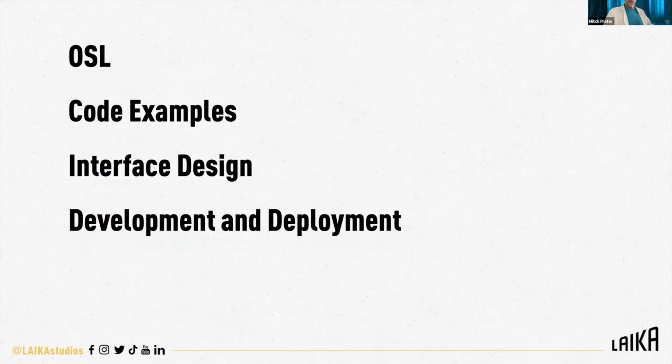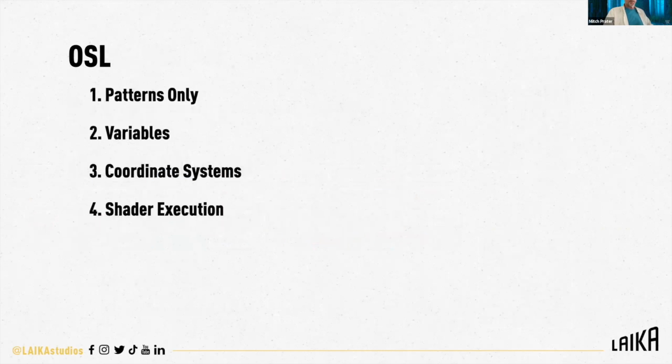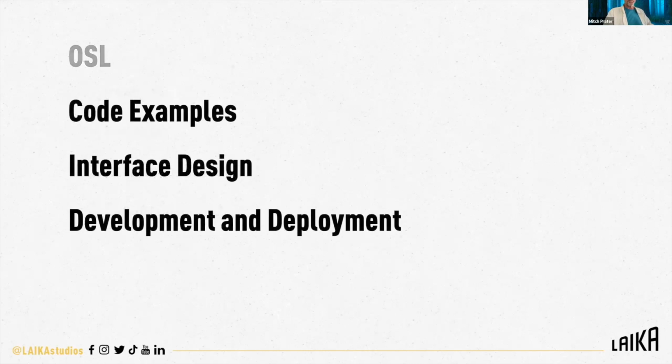So the outline of the course is divided into 4 major sections. First, I go over OSL itself. In the course, I'm covering pattern generation only, not any of the closure functionality. So patterns are a big part of shading and authoring shaders. So there's plenty to cover in that.